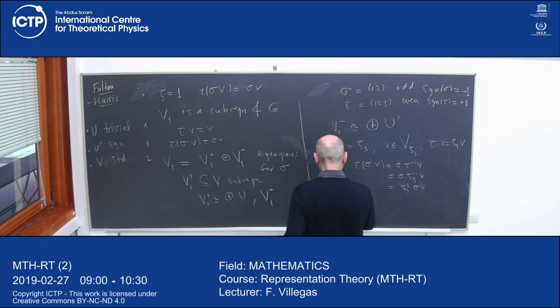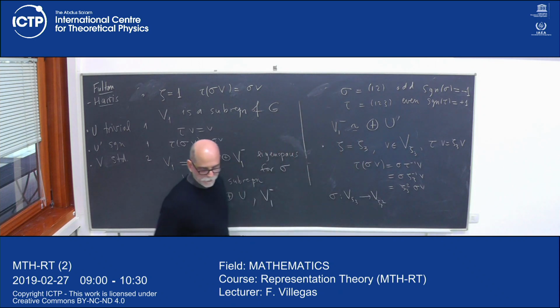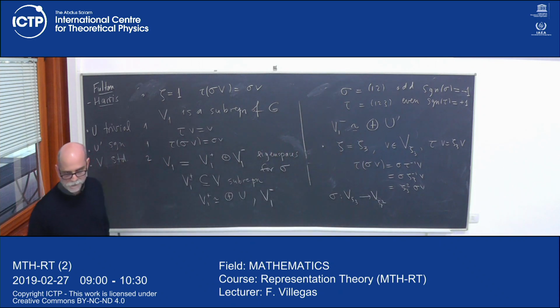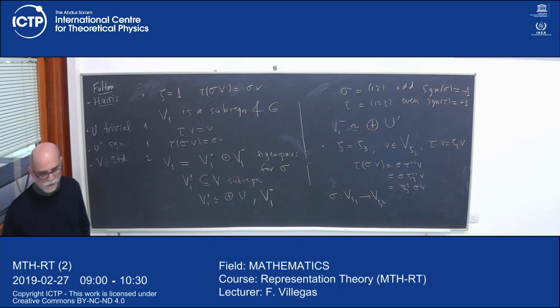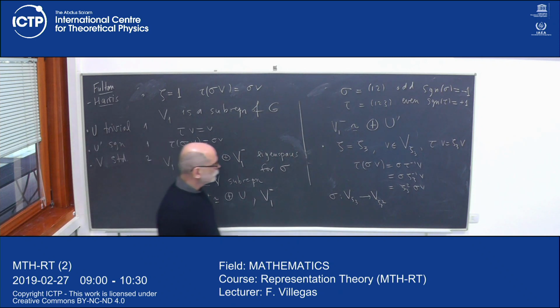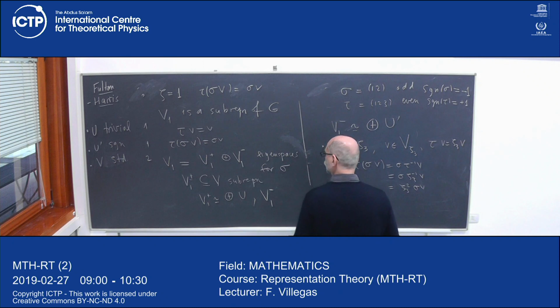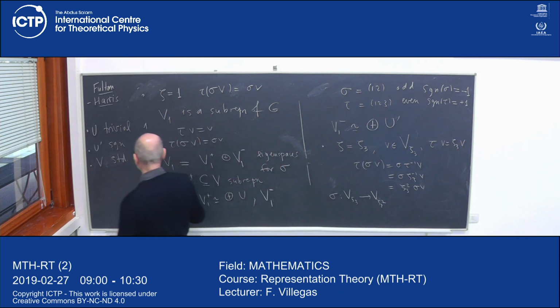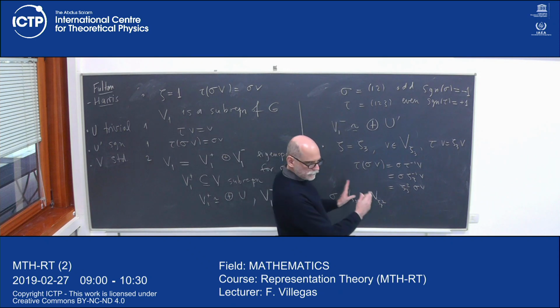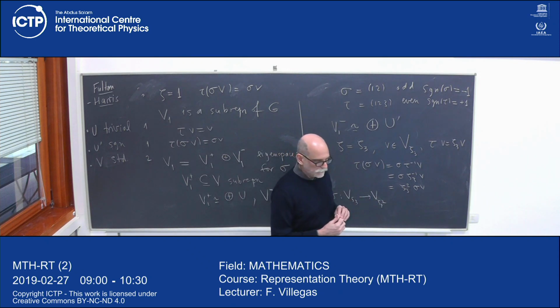So sigma goes from zeta 3 to zeta 3 squared, and sigma inverse goes backwards. So these two spaces are of the same dimension. And so what sigma does is, in our decomposition of the vector space V as a sum of eigenspaces of tau, it swaps the two eigenspaces of eigenvalues zeta 3 and zeta 3 squared.